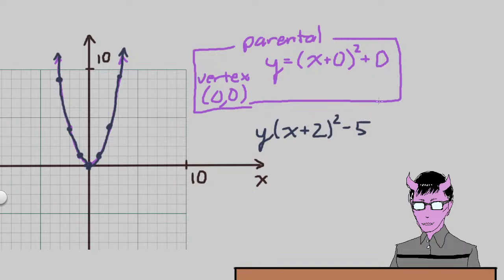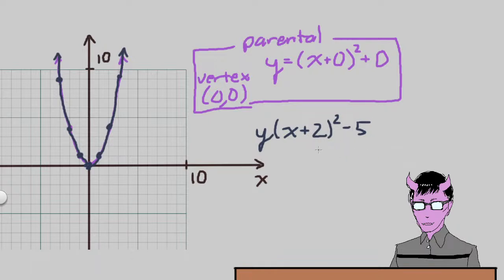But you follow the exact same rules, and you just do them one after another. Order of operations will not matter in translation, so you can do either one first. If you wish, you can account for your left-right movement first, and then your up-down movement second, or vice versa.